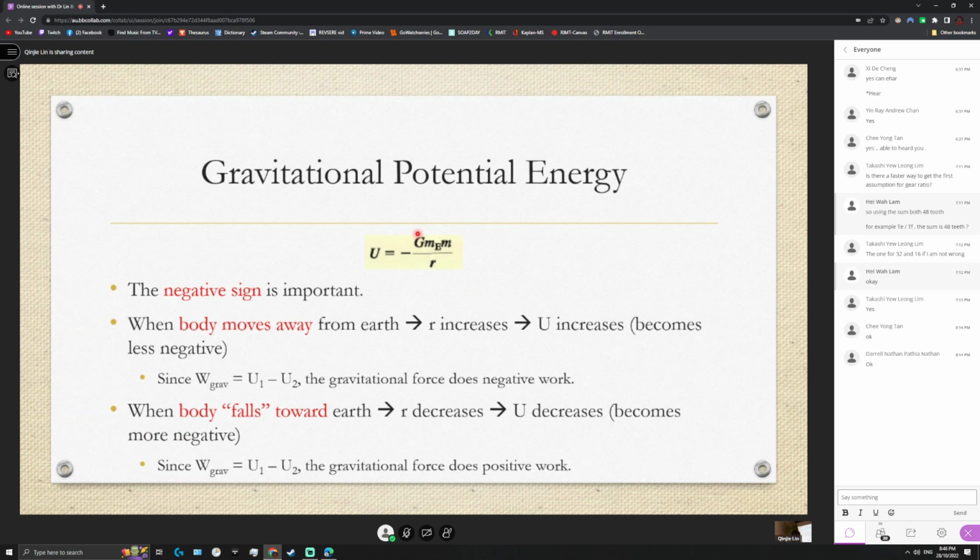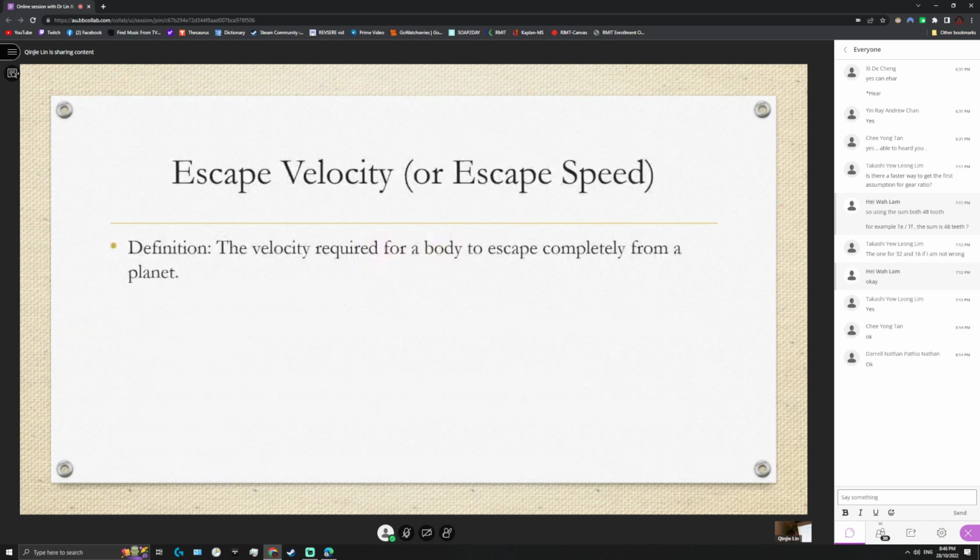Okay, that means when you fall down, your potential energy decreases. It becomes more negative. Okay, so the minus sign is very important. Okay, so that's generally on gravitational potential energy.